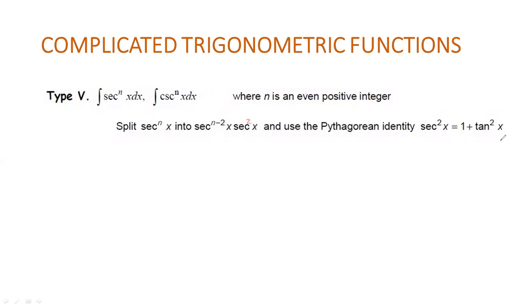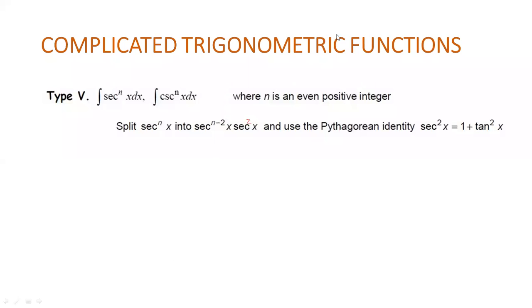As to what identity you will use, as to what transformation you will apply, as long as it's appropriate and applicable, then you can perform the next process of integration. But the key is always transforming the original integral. That is why it's divided into these different types depending on how you will transform first the original integral to a readily integrable expression.